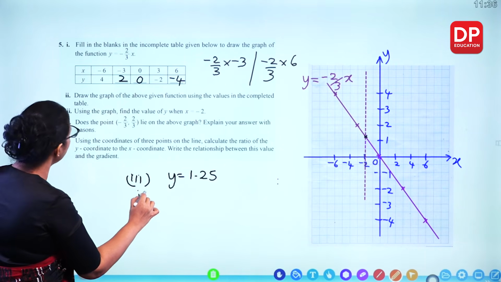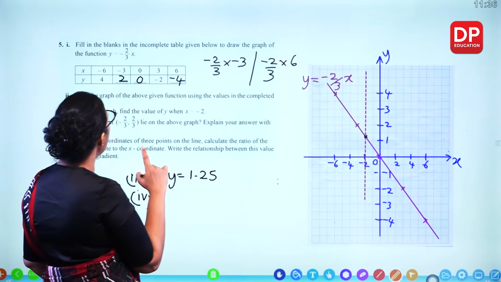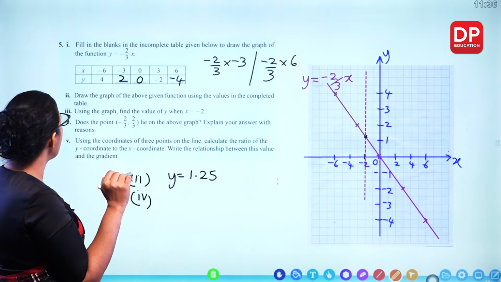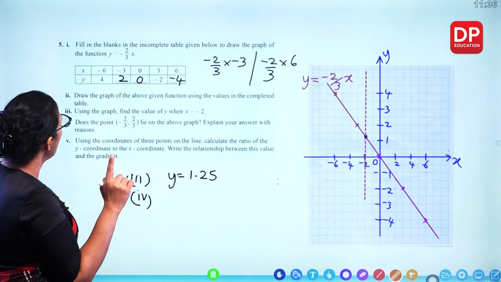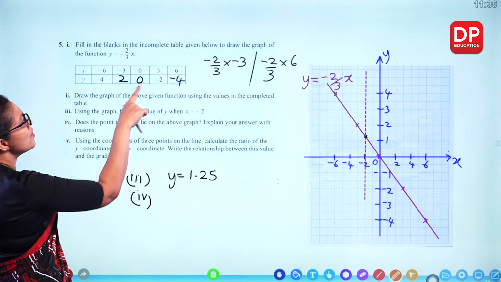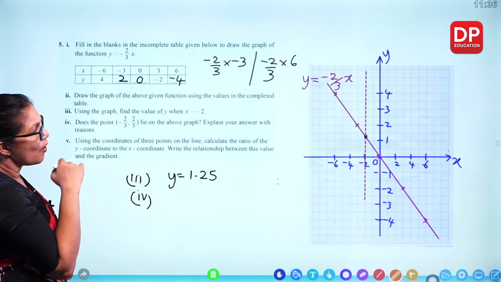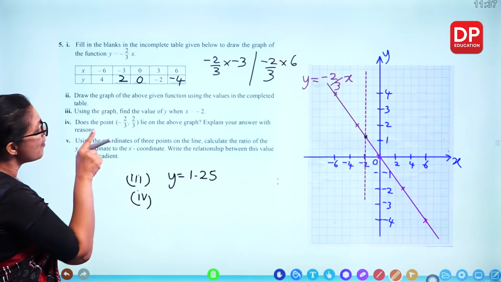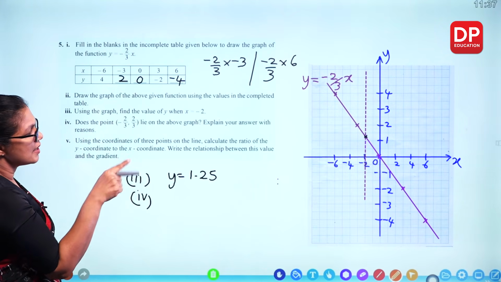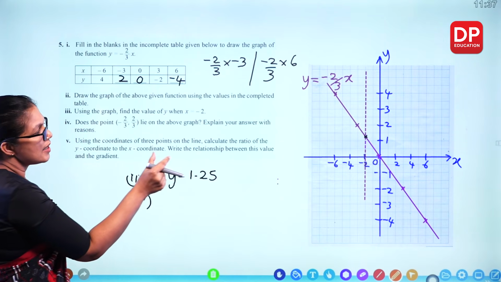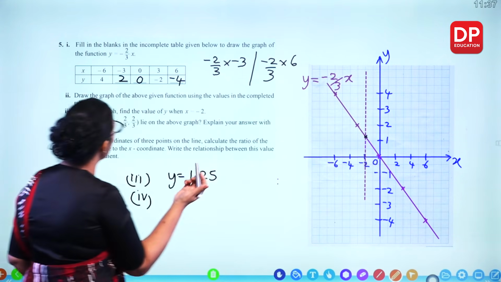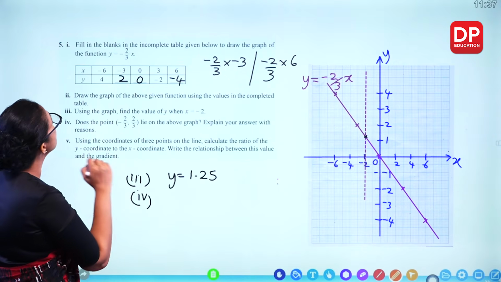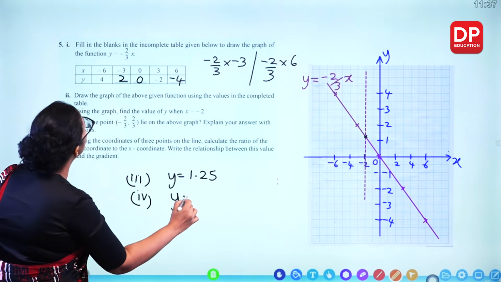Part 4. Does the point minus 2/3 lie on the above graph? Explain your answer with reasons. Now, we can substitute and check it, and on the graph also we can check it, but it's difficult to read minus 2/3, that's in between whole numbers. So we'll substitute. If this is minus 2/3, what's the y value?